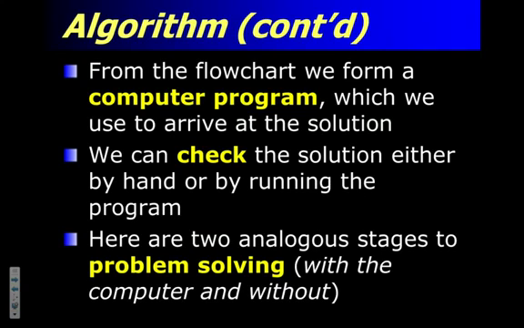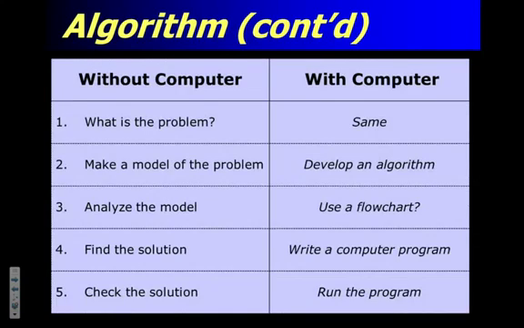If we fit this into the 5 problem-solving steps that we've been looking at before, okay, here's how it would fit. Step 1, what is the problem? This is just general. In computer science, that's the same. You still have to define the problem. Step 2, make a model.